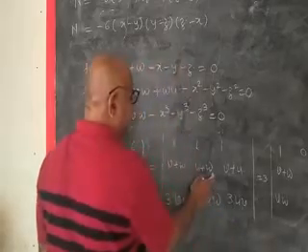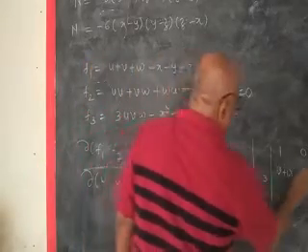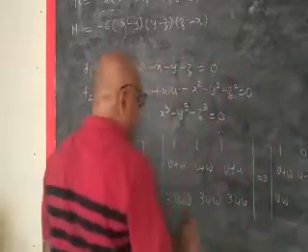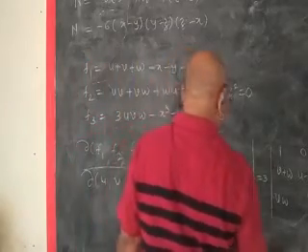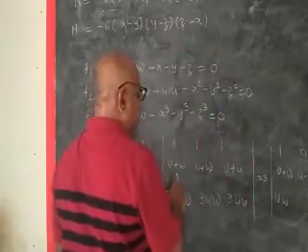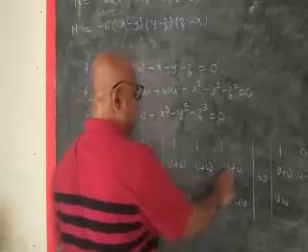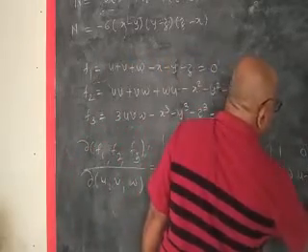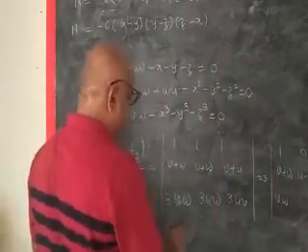What happens here? That becomes u minus v. Now here v gets cancelled, u minus w. Now what happens here?